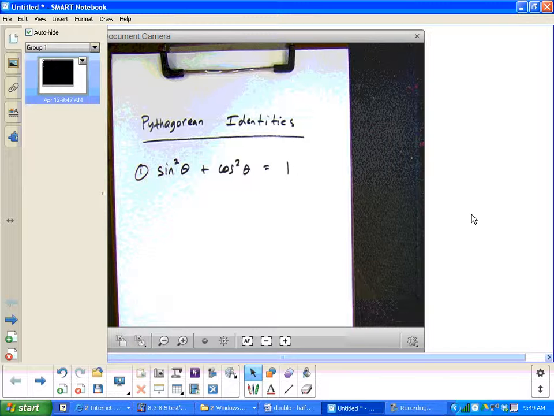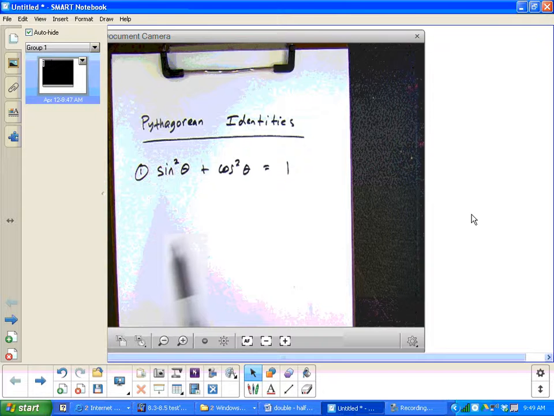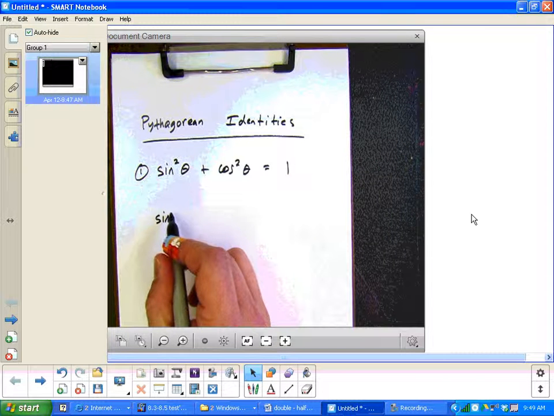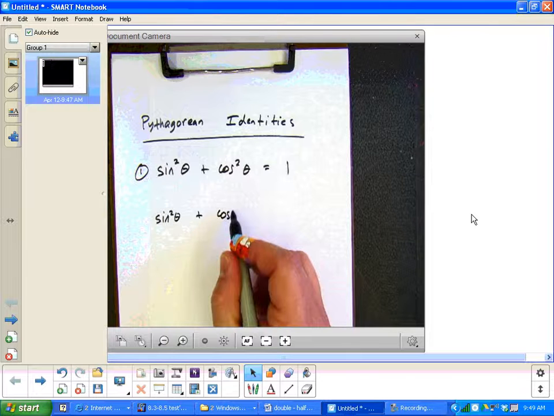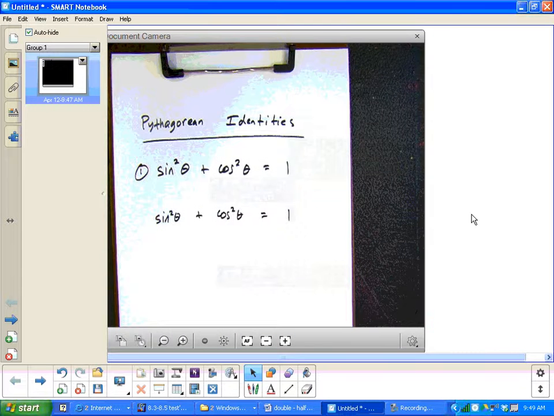Now, the other two, even after I've taught trig for 100 years, I can't memorize. The reason is somebody taught me how to derive the other two, so I didn't put the effort into it. For the second one, I'm going to start off with the first one and just modify it, and this way I don't have to memorize, because you have to memorize so much in trig anyway.